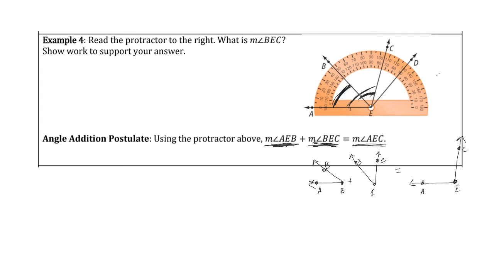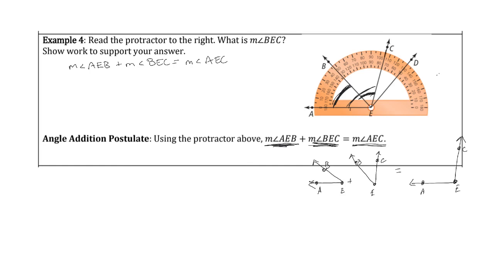So we have the measure of angle AEB plus measure of angle BEC. That little m means measure because it tells us that we're looking in degrees. It is equal to that larger angle AEC. So we can figure out AEC's angle.